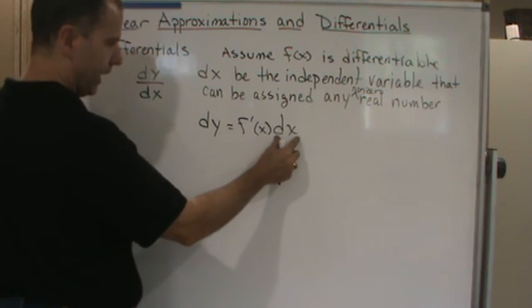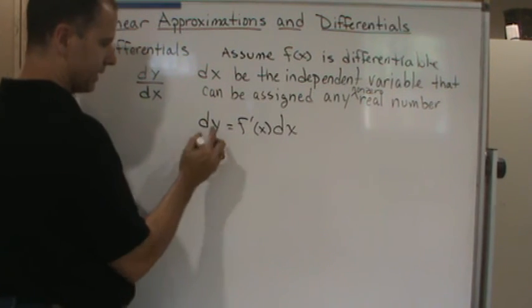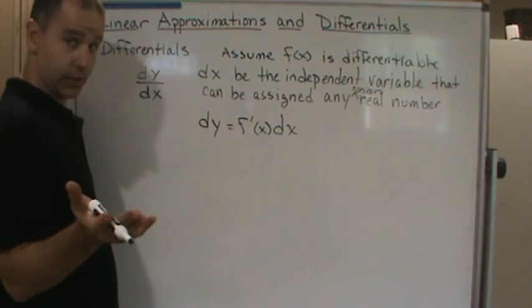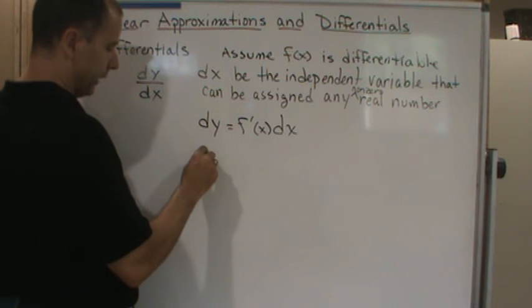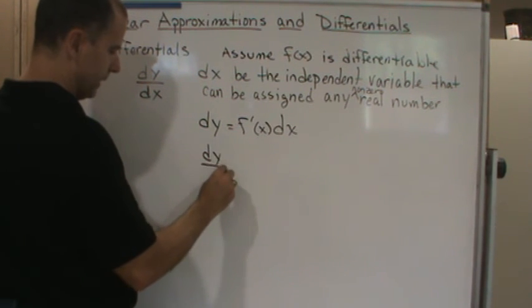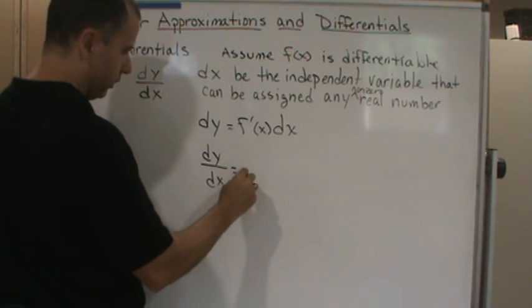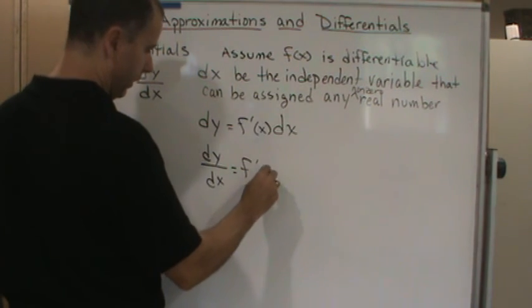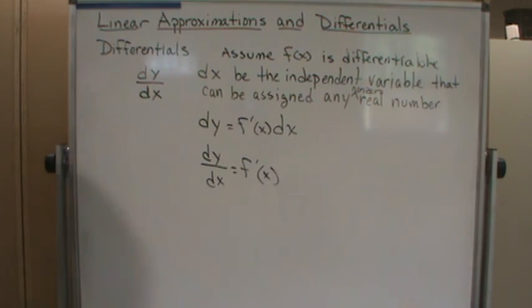We can go ahead and divide both sides by dx, and we get the expression that we were looking at before: dy dx equals f prime of x, which is the notation that we're used to.